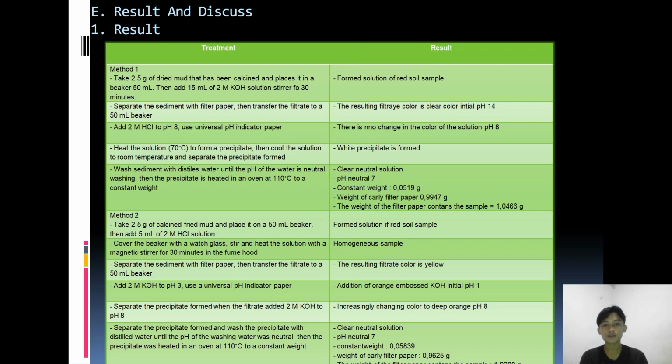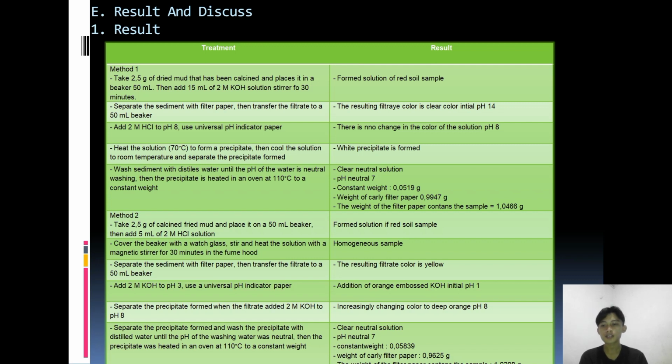Result, addition of KOH gives an orange color, initial pH 1. The next treatment, separate the precipitate that forms, then add 2 molar KOH to the filtrate to pH 8. The result, the color increasingly changes to deep orange at pH 8.